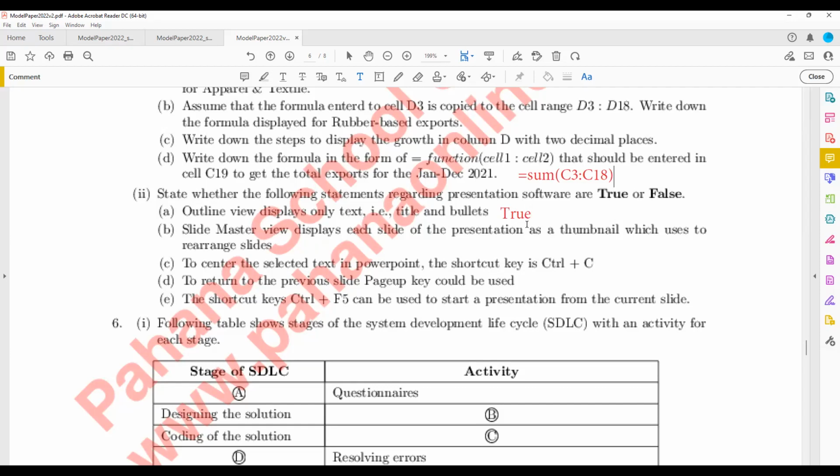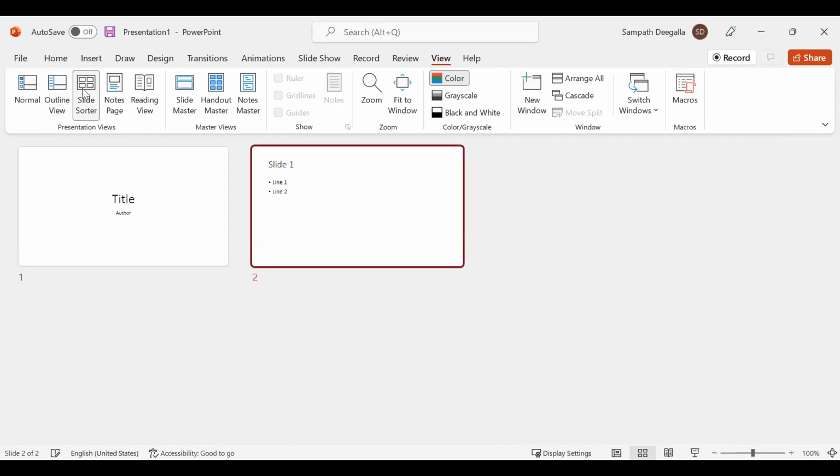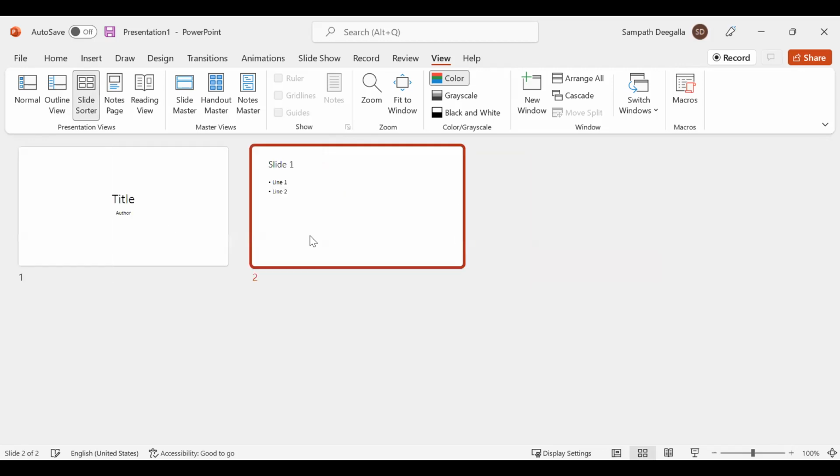Then second one, slide master view displays the side of the presentation thumbnails, which is used to rearrange slides. How do you rearrange slides? For that, usually we use what we call slide sorter. You can change the order the way you want. So it's nothing to do with slide master.